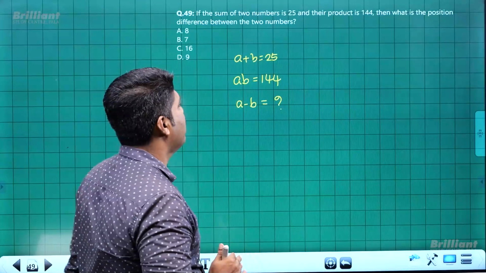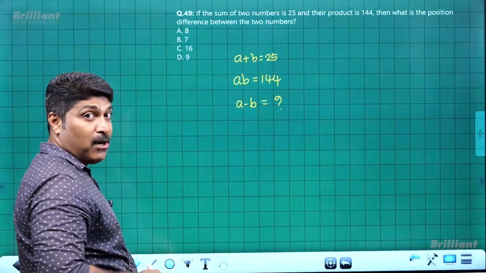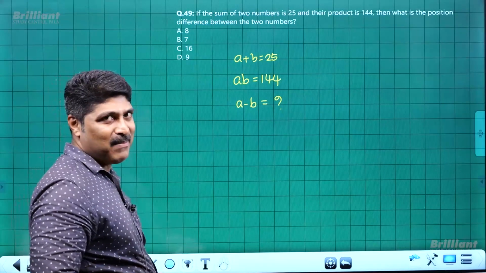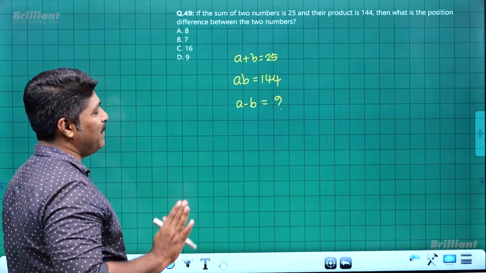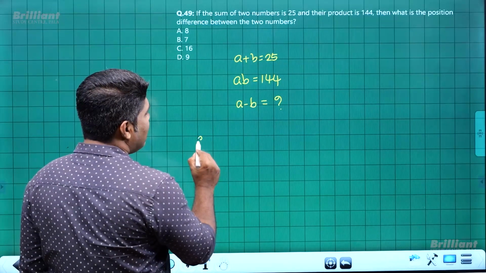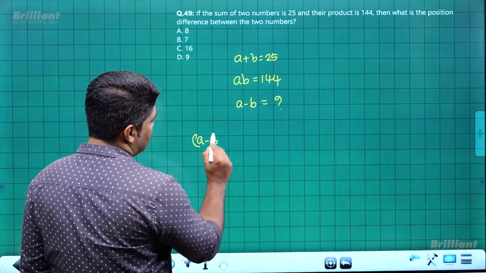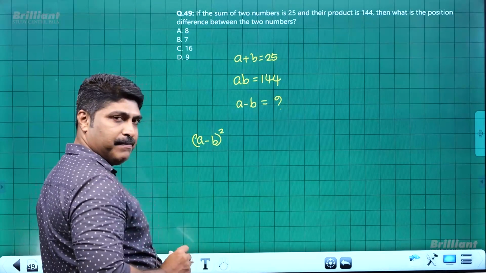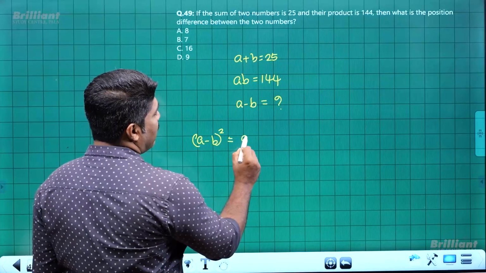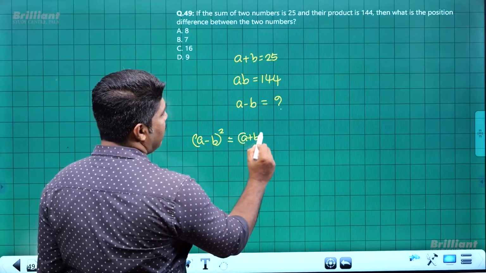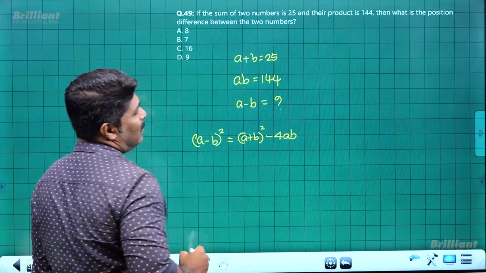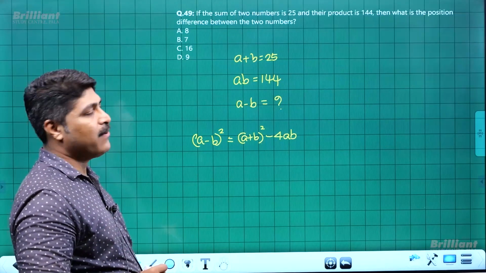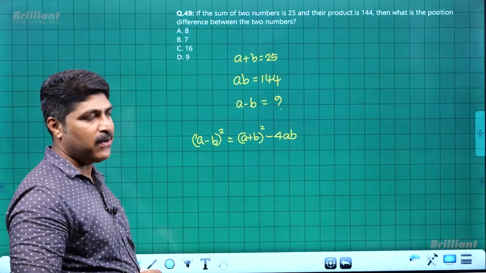But what is the expected approach? It's not mandatory that you follow the expected approach. It's only for teaching you what the expected approach is in this question. So this is the identity application. What is a minus b the whole square? A minus b the whole square is equal to a plus b the whole square minus 4ab.